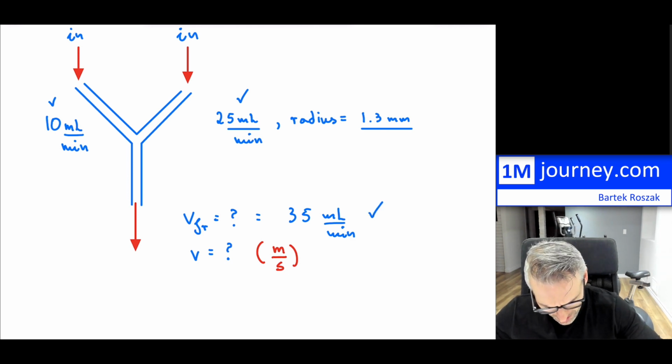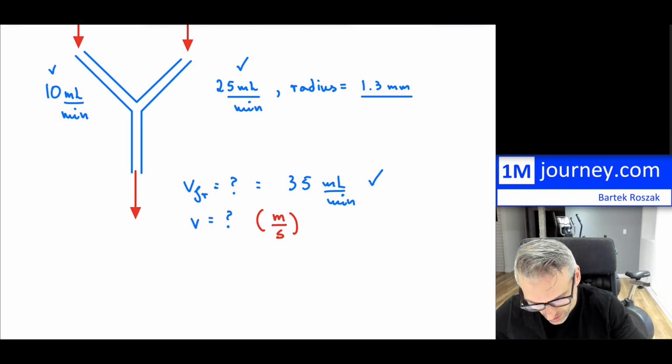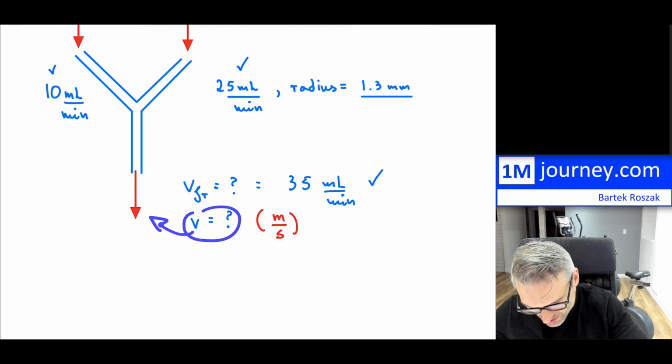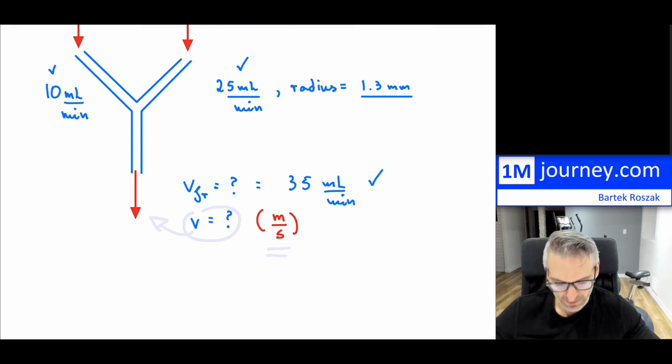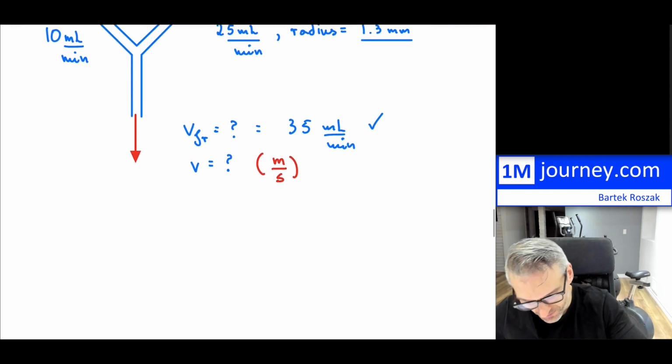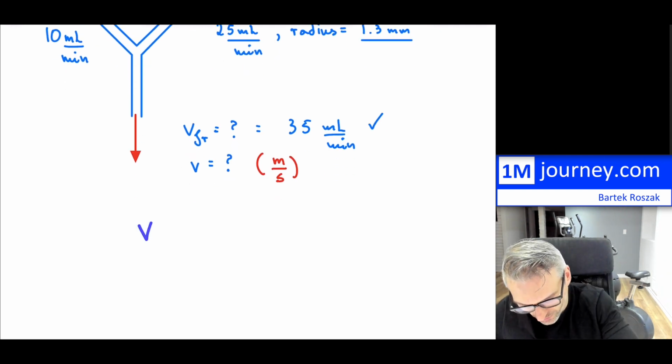So that's very simple. Now, once we have this, we can also figure out what the speed is here. This is the speed that we want to be able to calculate, and we want to do it in meters per second. So now we have to go back into understanding what the volume flow rate is.